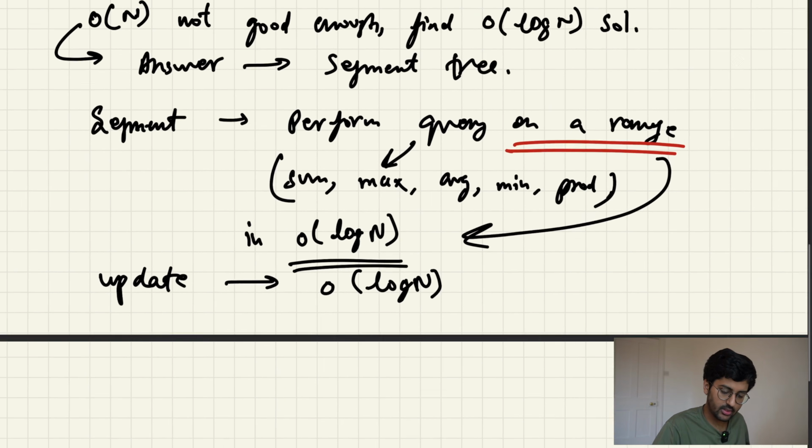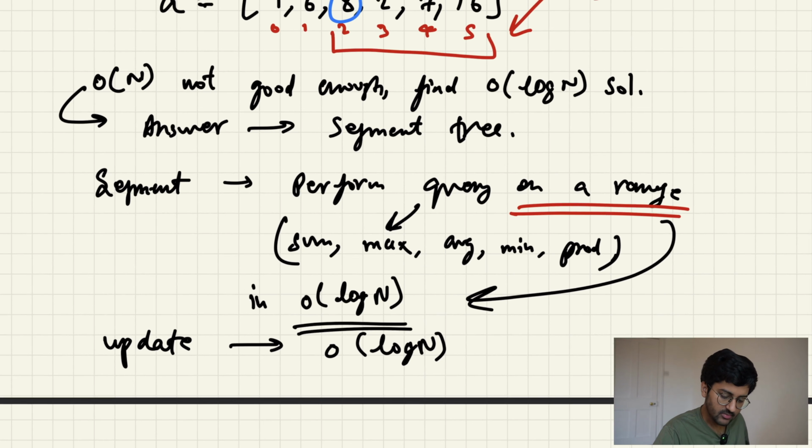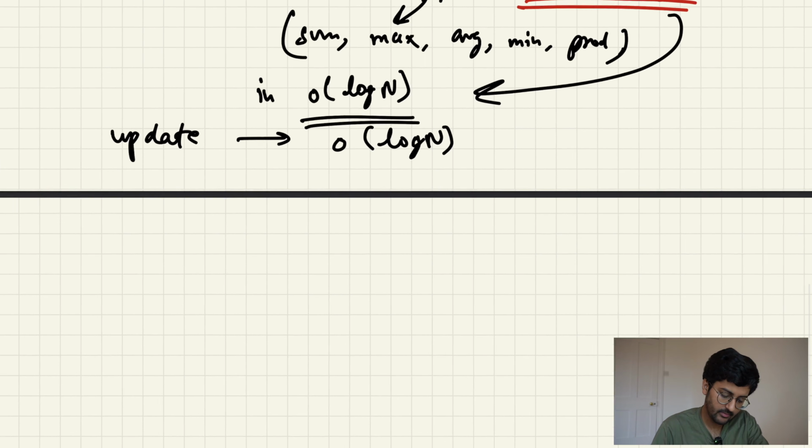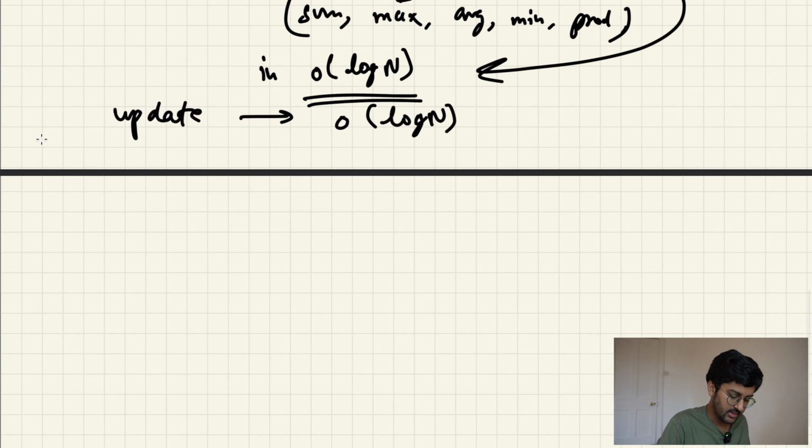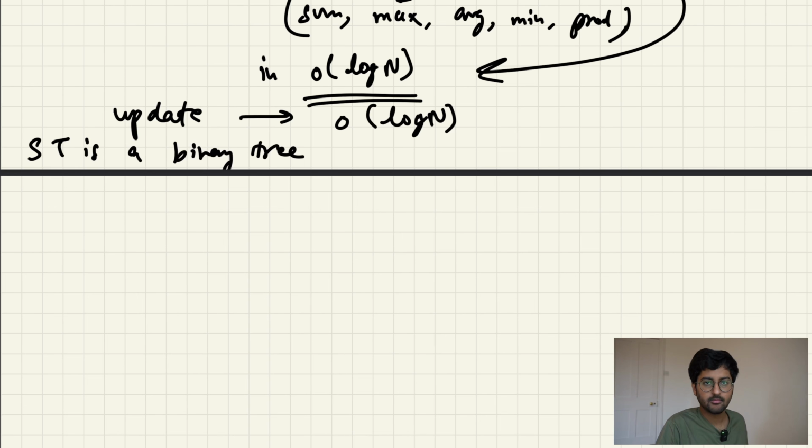So one more thing I'll write over here is the segment tree. I'll just write it on this page. A segment tree is a binary tree. Binary tree means what? Every node has a maximum of 2 children, which has information about the intervals as well as the operation we are performing.